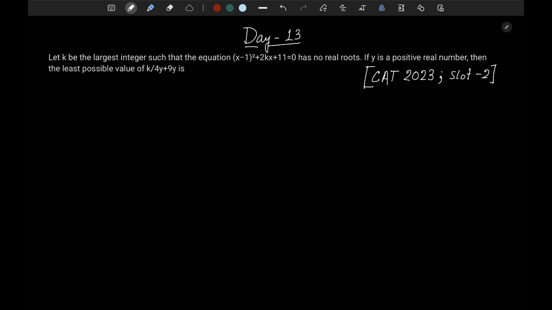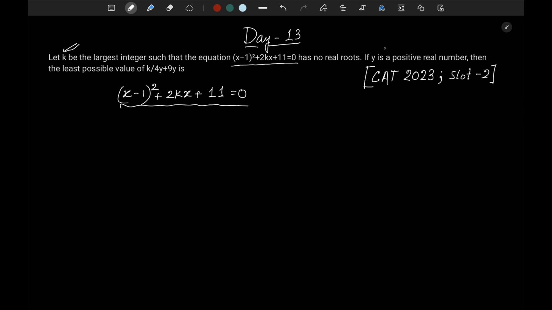So let's get started. They have given a particular equation, which is (x minus 1) whole square plus 2kx plus 11 equal to 0, and they have said that let k be the largest integer such that this particular equation does not have any real roots.